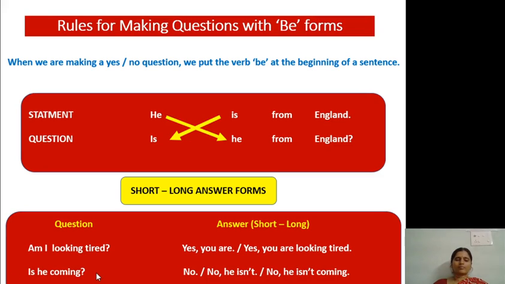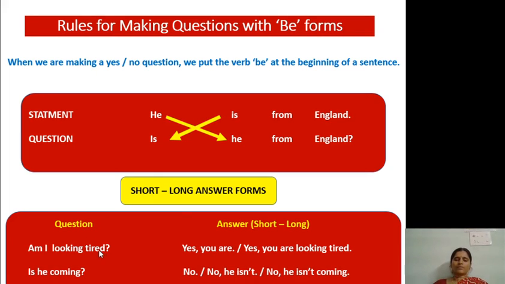And see the second example: "Is he coming?" This is also a very simple question. We have framed these questions by using be forms, which you also have to identify. How to respond to such a question? We can answer very simply using a single word, "No," or we can make it a short answer, "No, he isn't," or we can make it a little longer, "No, he isn't coming."